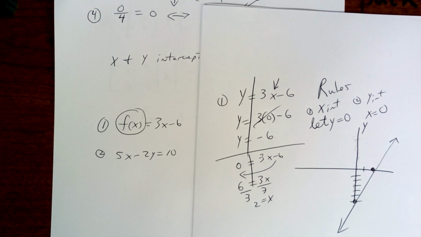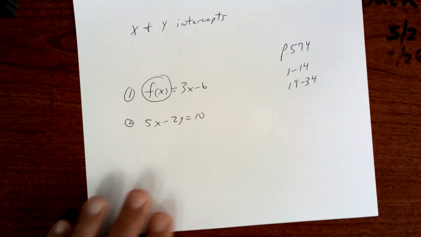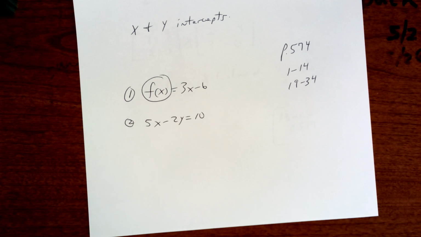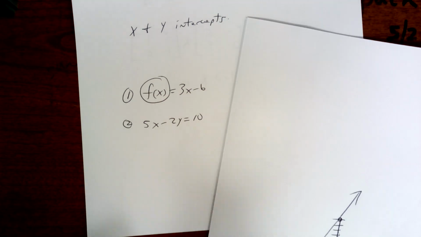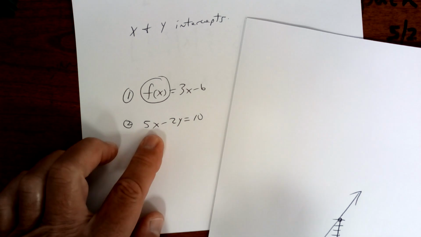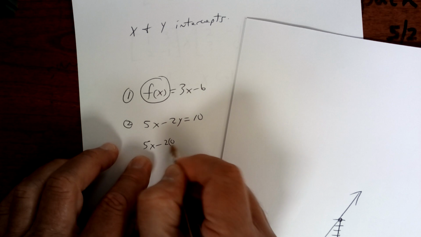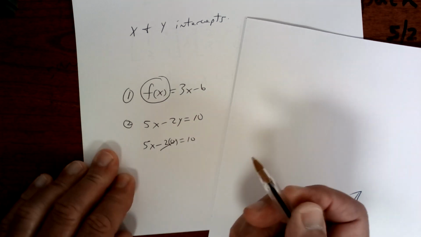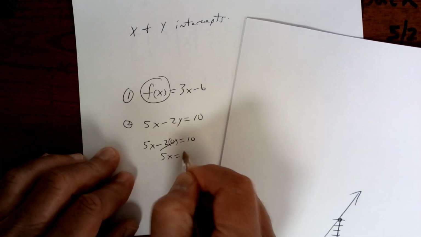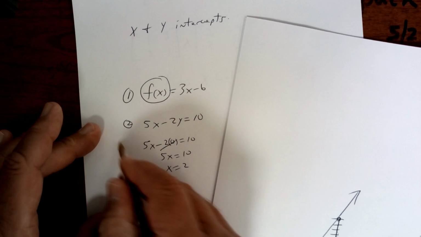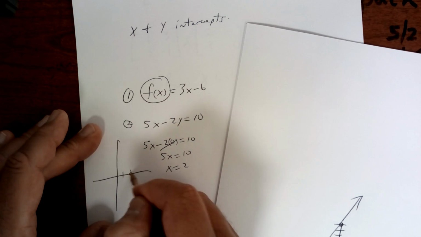Watch this one, or try this one. Find the x and y-intercept. Okay, so to find the x-intercept, you're going to let y equal 0. So it's going to be 5x minus 2 times 0 equals 10. That's 0. So you get 5x equals 10, x equals 2. So the x-intercept is 2.